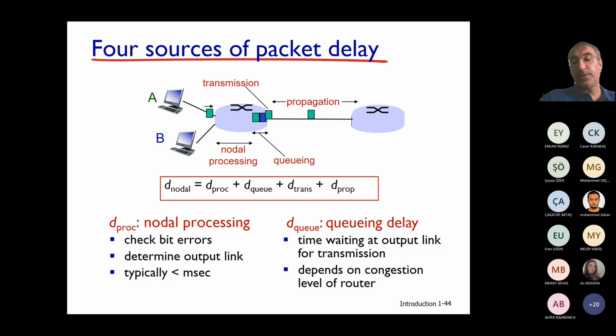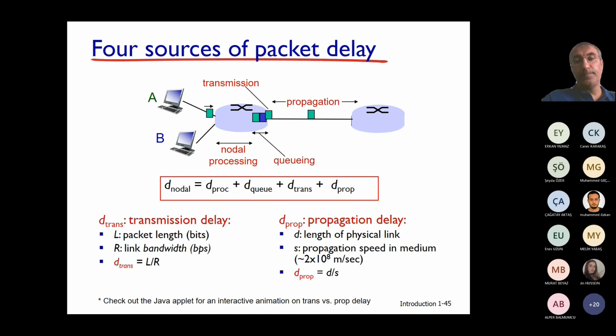So when we ask for a total delay, you need to calculate all these: processing delay, queuing delay, transmission delay, and propagation delay, and then add them up. Transmission delay, as I mentioned, is calculated as L over R. L is the packet length and R is the link bandwidth.